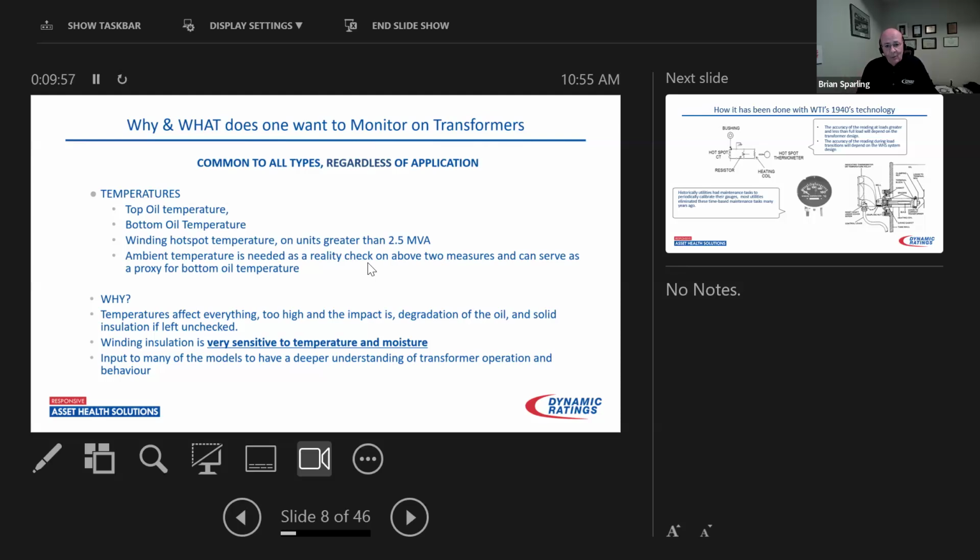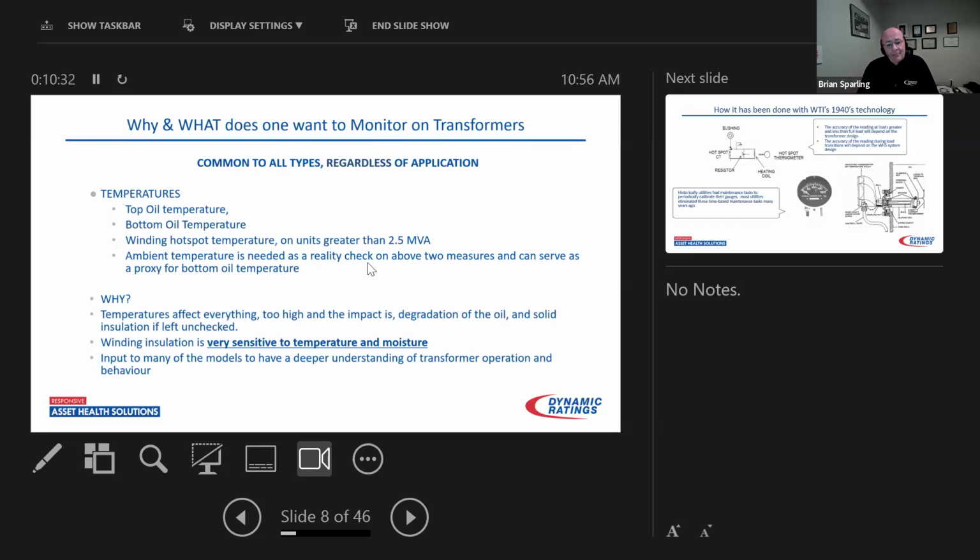Measurement or recording of the winding hottest spot temperature on units, in my opinion, greater than 2.5 MVA. The ambient temperature is needed as a reality check on those two measures above, and can serve as a proxy for the bottom oil temperature if you have no sensor. The theory is the bottom oil temperature of the transformer can be no lower than the ambient temperature that it's operating in.